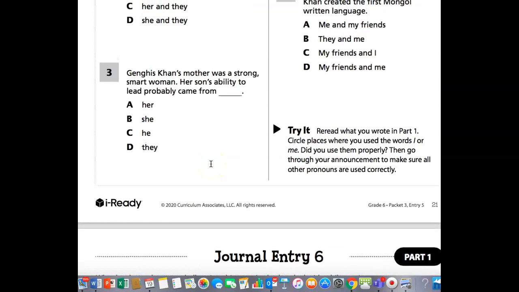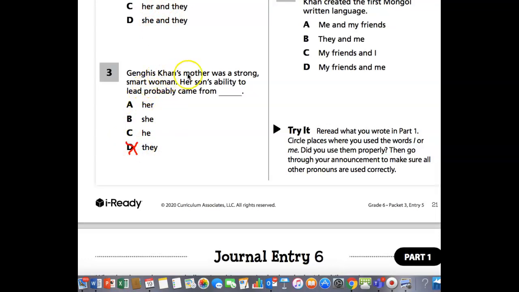Genghis Khan's mother was a strong, smart woman. Her son's ability to lead probably came from her, she, he, or they. Well, they're talking about one person here, so we can eliminate they, because that's plural.